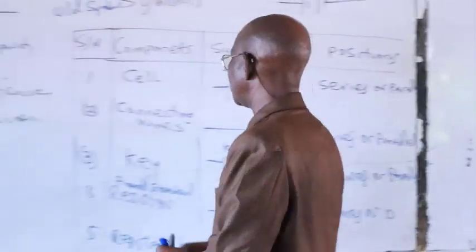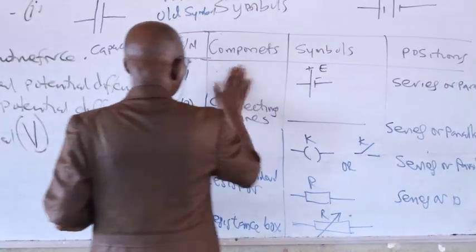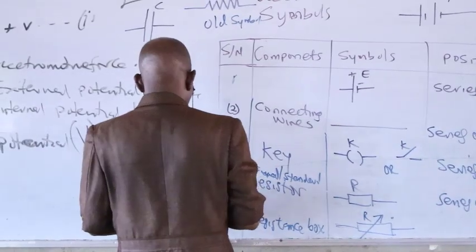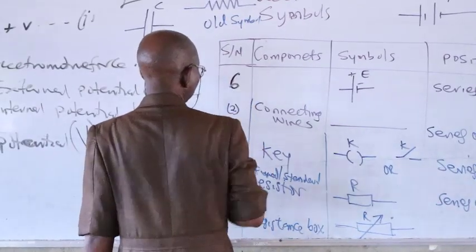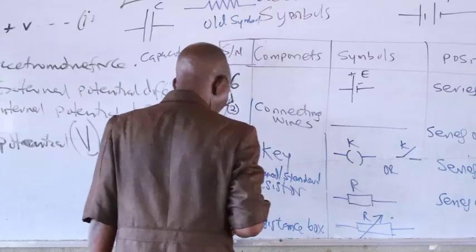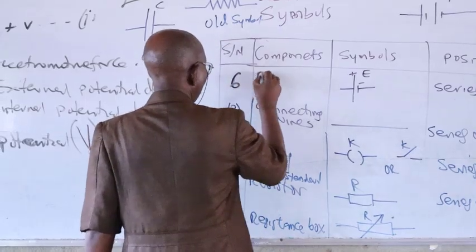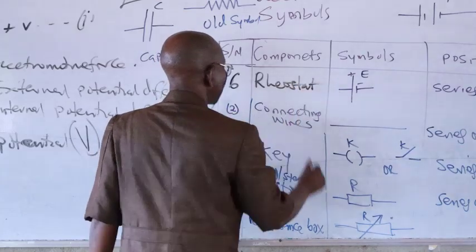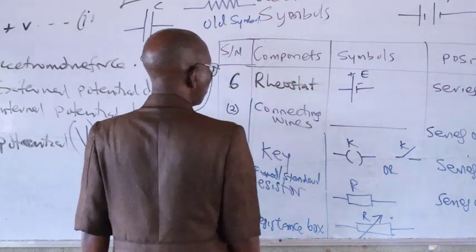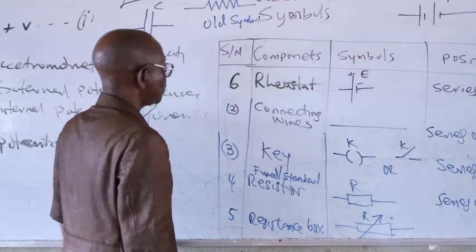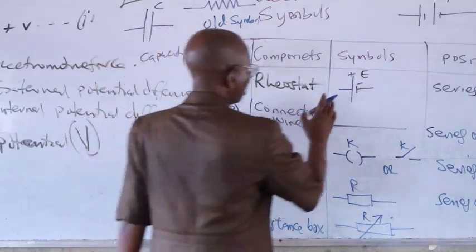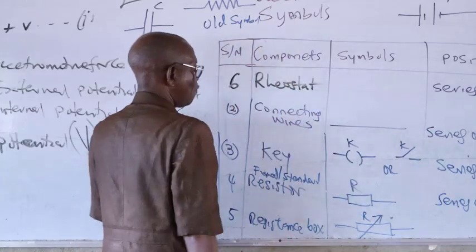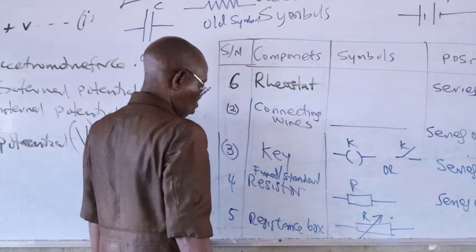Number 6, under the components, I give 6. The 6th one is the rheostat. Rheostat is another component. Rheostat is another type of variable resistor.